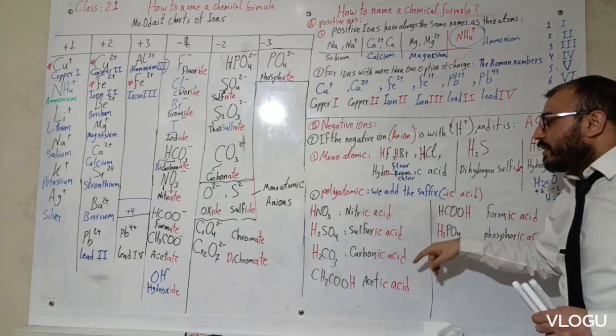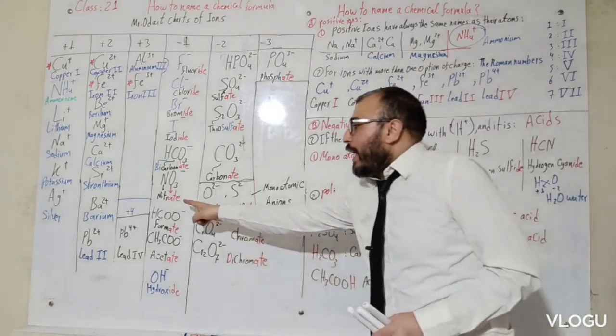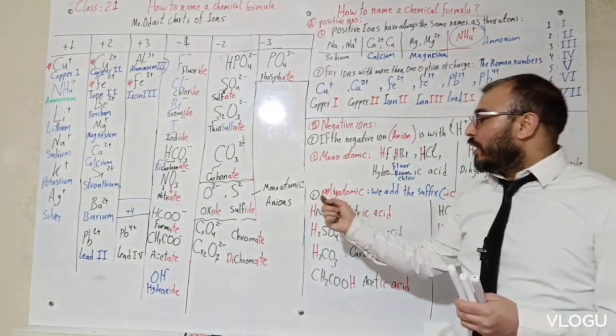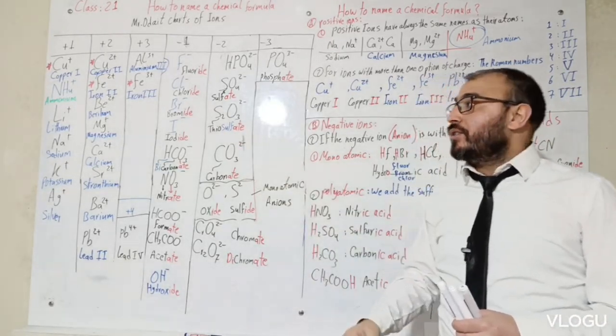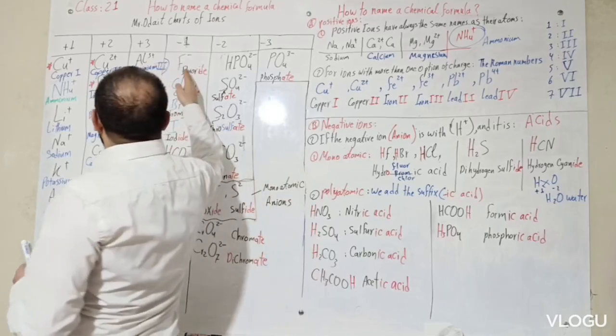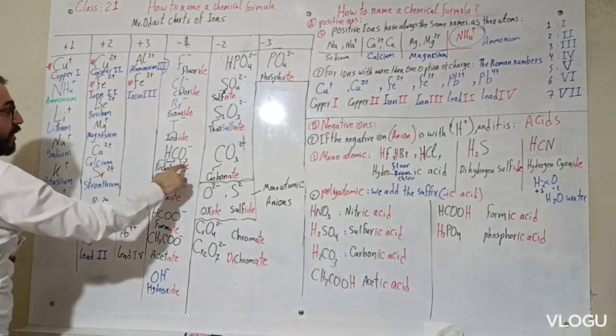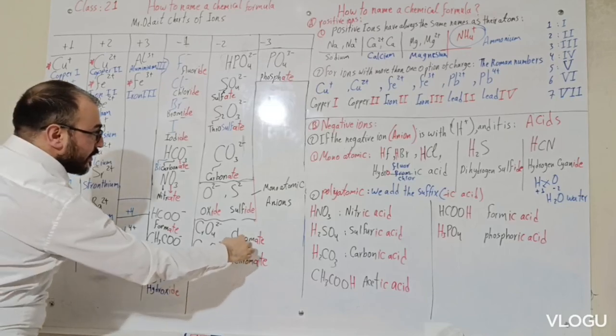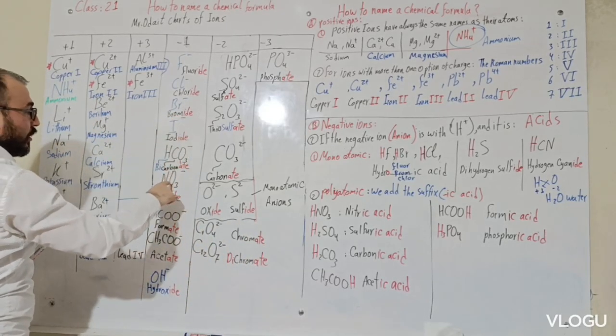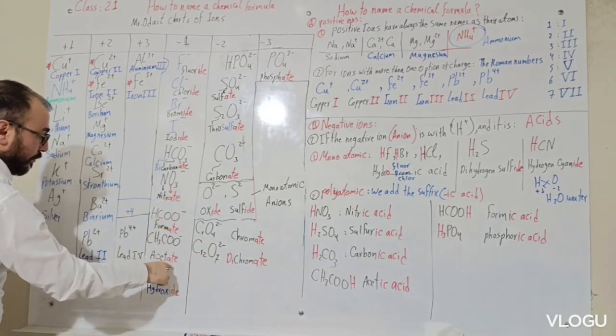Here we add ic acid, and we delete the ate because we add ate when the polyatomic anion is attached to any other positive ion. All of those positive ions make them ate for the polyatomic ate. As you see here, you have bicarbonate, nitrate, formate, acetate.